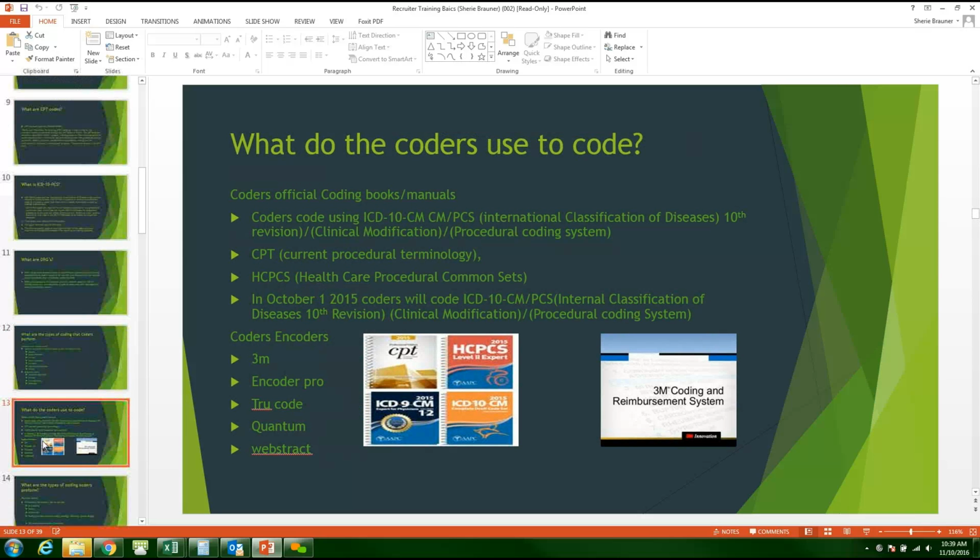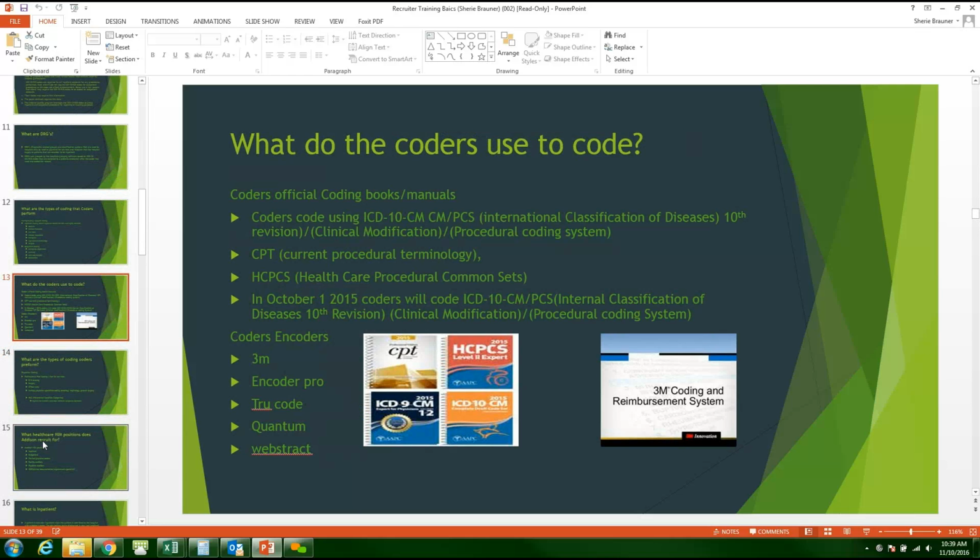Slide number 13. What do coders use to code? Coders' official coding books and manuals is one. Some companies do provide this. Addison does not provide this currently for any contract or contract-to-hire coders that we bring on board, as each coder should have access to the client's encoder software.